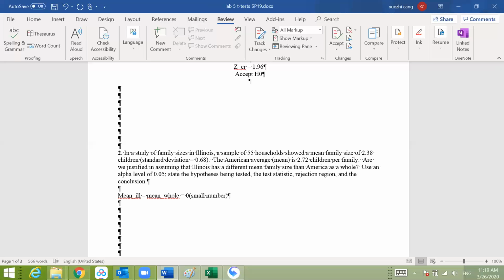If not, the family size in Illinois minus the whole country will equal a very large positive or very large negative value.